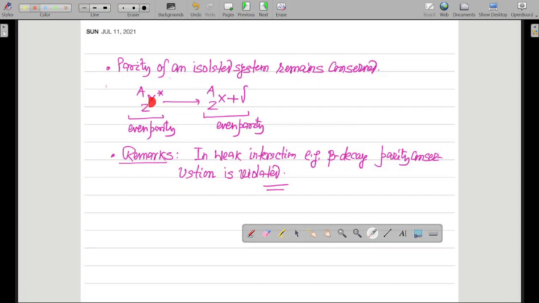So it had even parity before, and after decaying, after emitting the gamma ray, the system will have even parity only. Because the system is isolated, parity will be conserved. That is, this had even parity, and after the gamma ray decay, the system again had even parity when we took the parity of the gamma ray and this nucleus together.